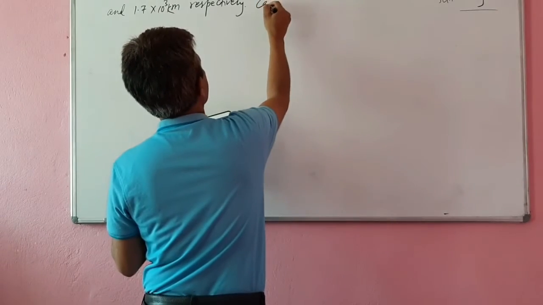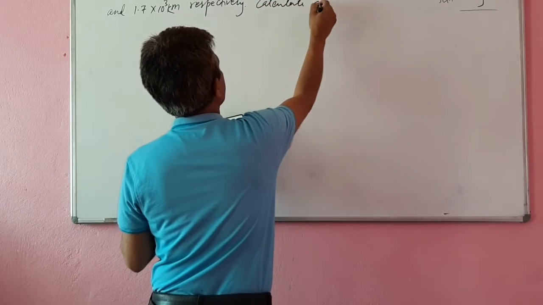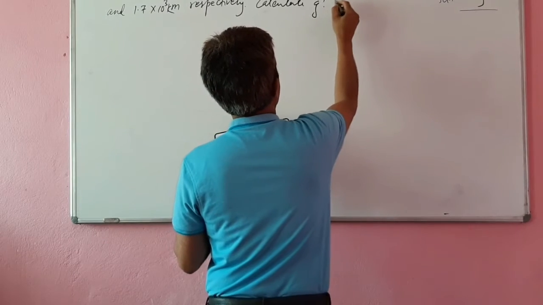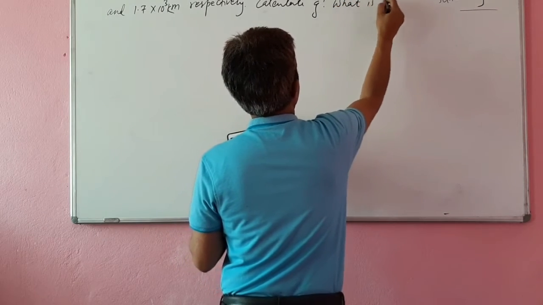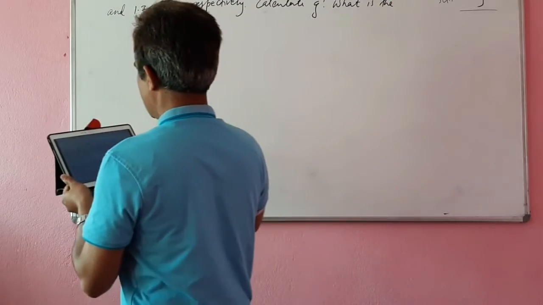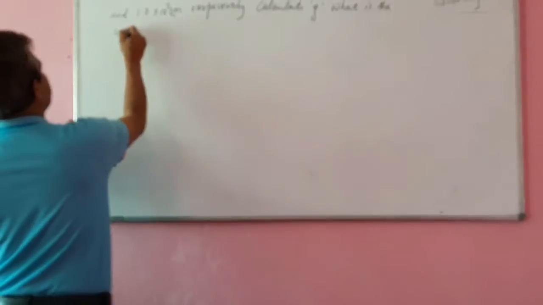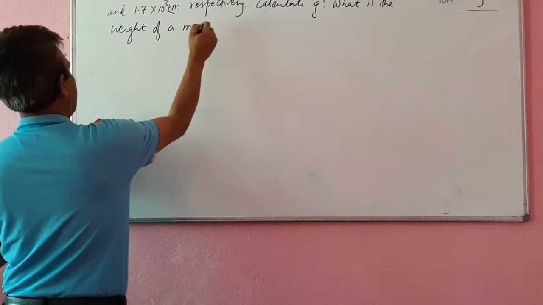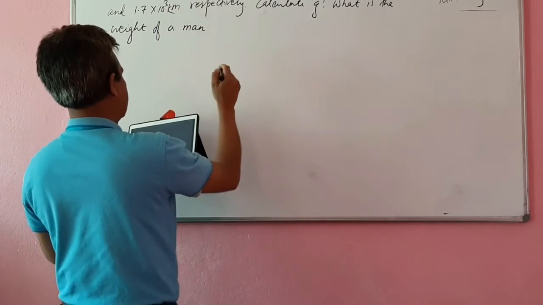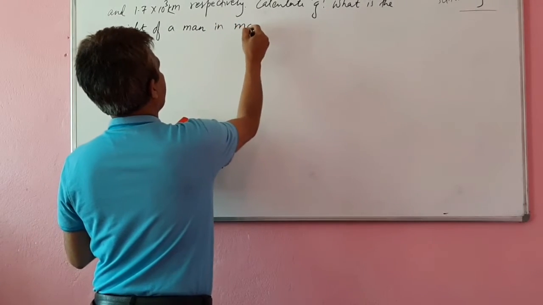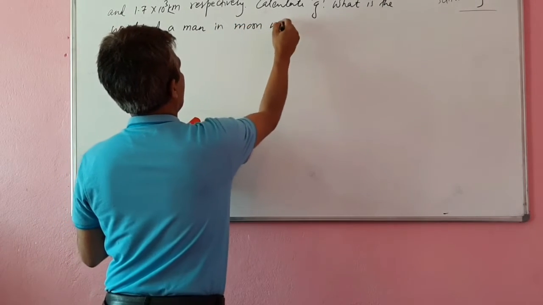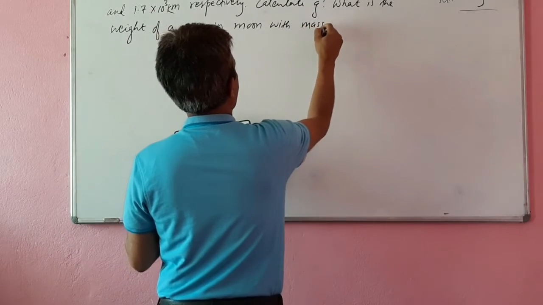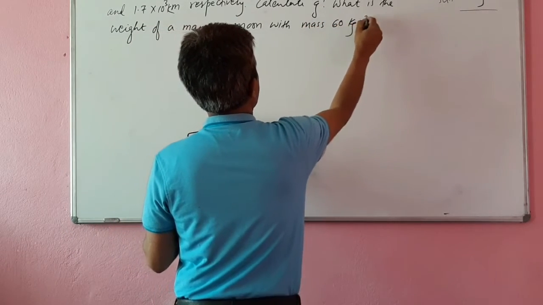Calculate small g. What is the weight of a man on the moon with mass 60 kg?